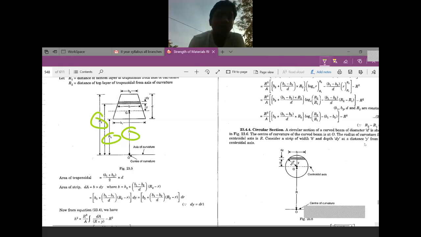R1, R2, B1, B2 and B, you are considering some rectangular section here, and D will be the depth.